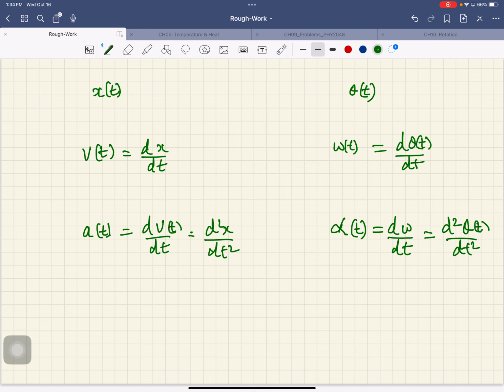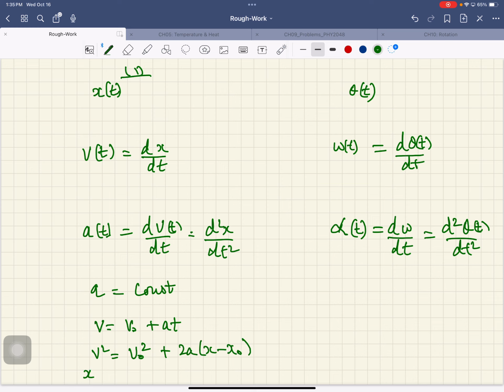If a was constant, then you guys remember, in 1D, final velocity v was equal to v naught plus at. v square was equal to v naught square plus 2a times x minus x naught.